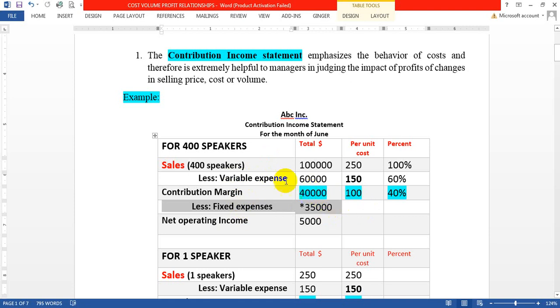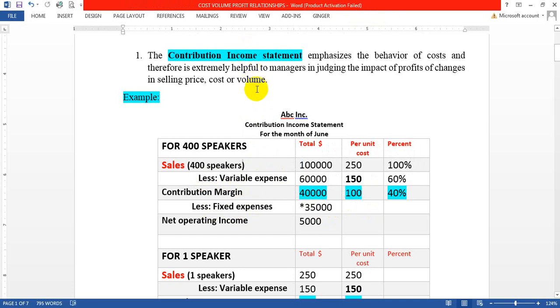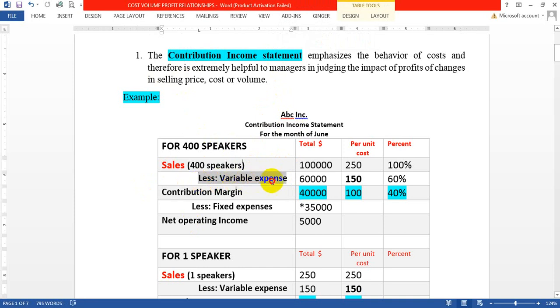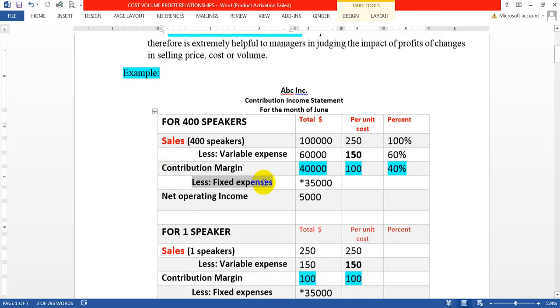But here we are segregating them, variable and fixed. Again I'm repeating this point: in the contribution income statement we are segregating our variable expense and our fixed expense. Is that clear? Therefore it's extremely helpful to the manager in judging the impact on profit of changes in selling price, cost or volume. Again, it is very helpful to the manager, as we have already discussed.